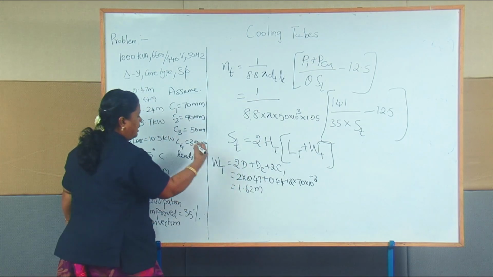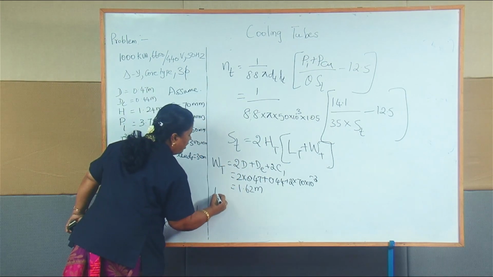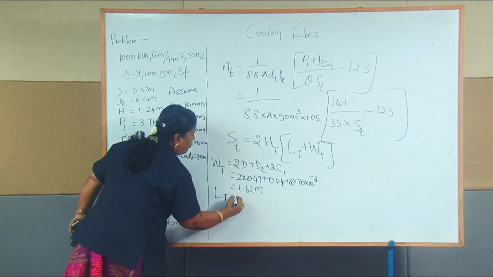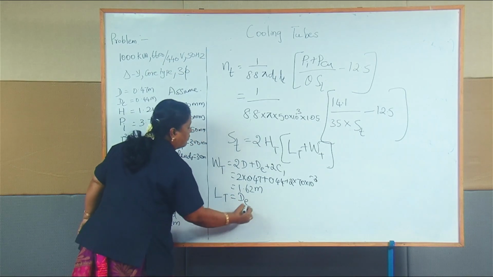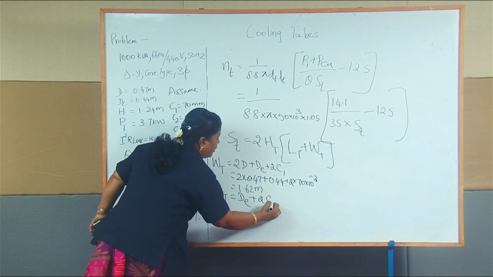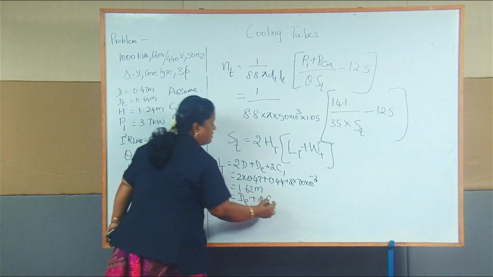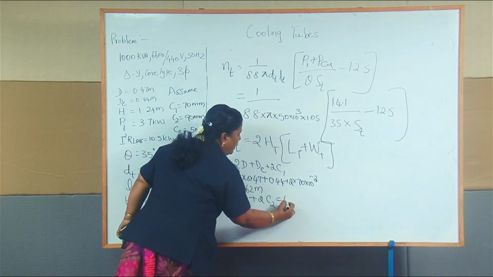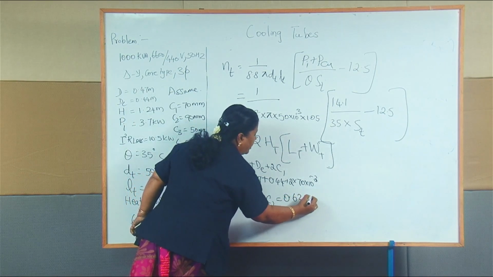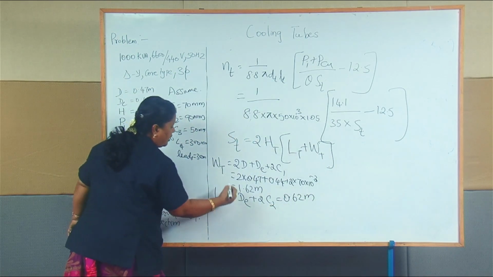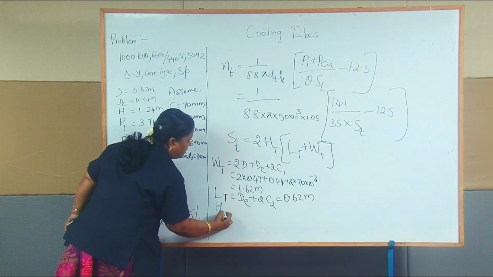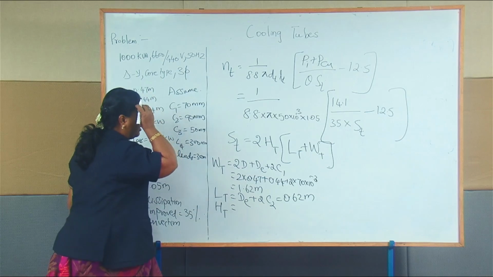Okay. Similarly, you try to calculate the length of the tank. The formula I told you already, D suffix C plus 2C2. Substitute the value of D suffix C and the clearance, you will get around 0.62 meter. Similarly, you try to calculate H suffix T, the height of the tank. What is the formula?